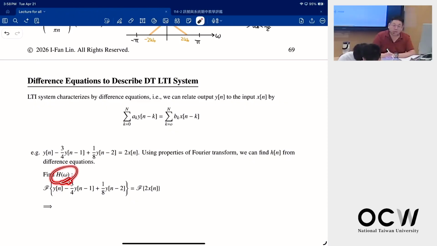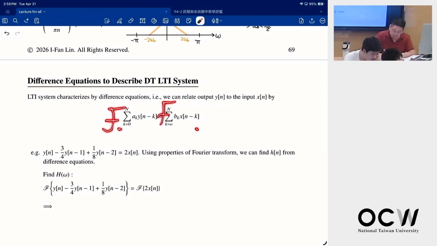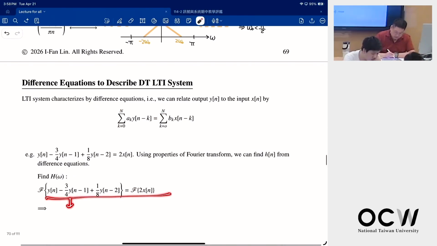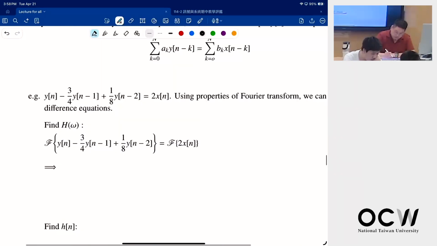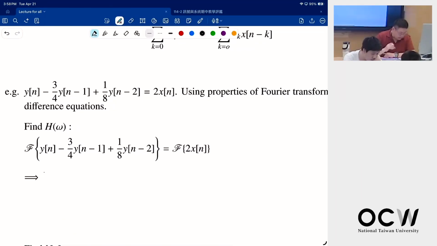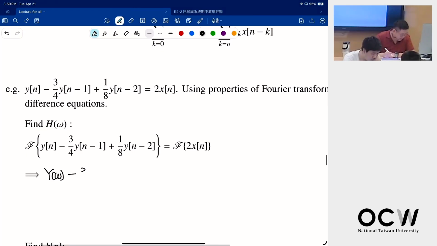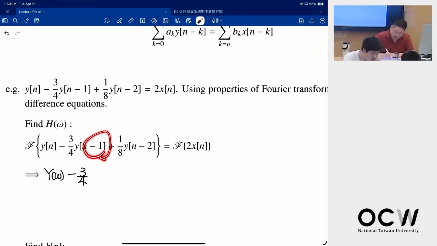Okay, so if I want to find the frequency response, now I take the Fourier transform on both sides. Okay, so here the Fourier transform, the first term is Y of omega, and then minus 3/4. If I shift in time domain, what happens in frequency domain?